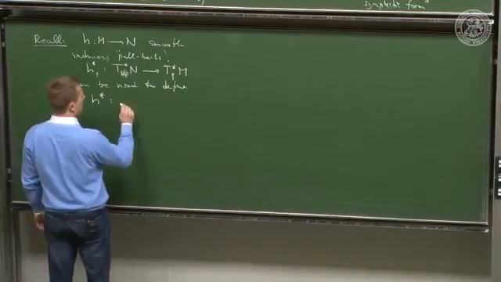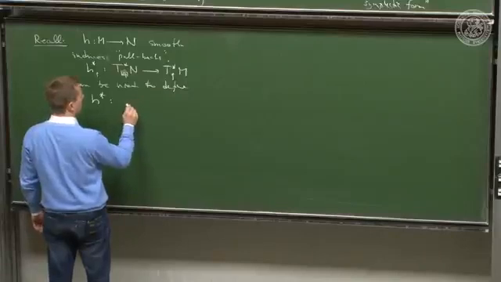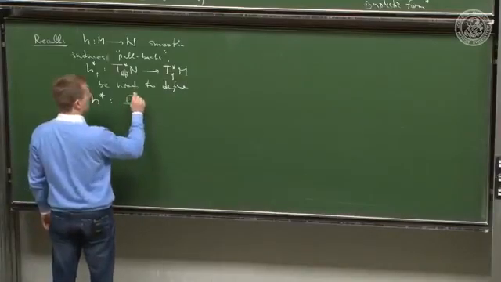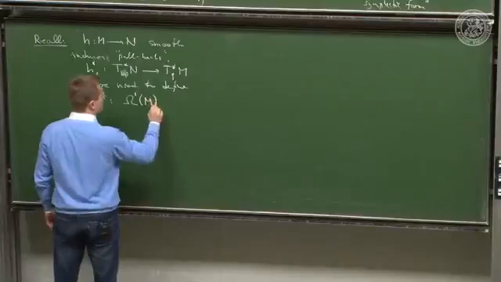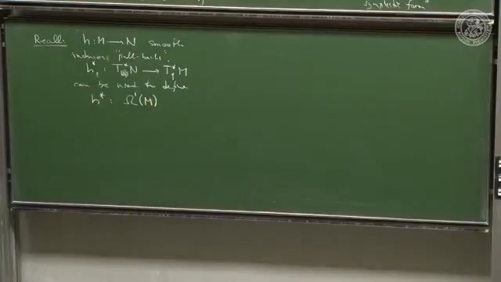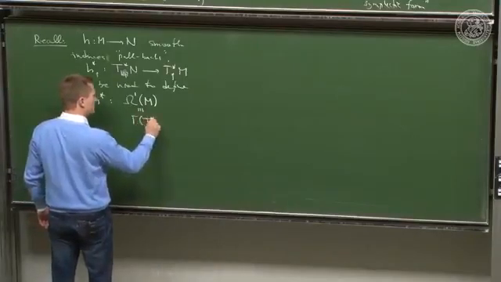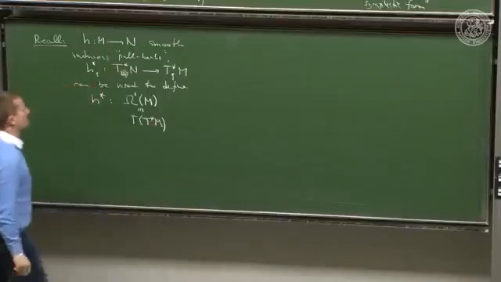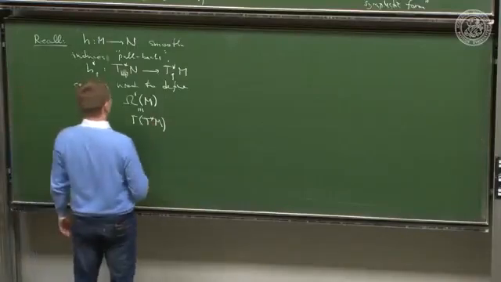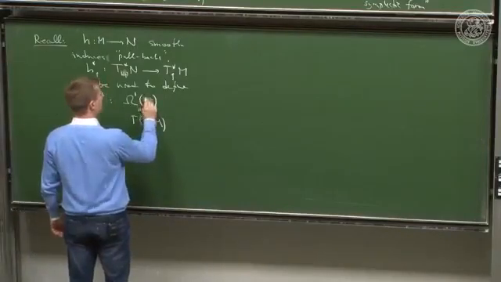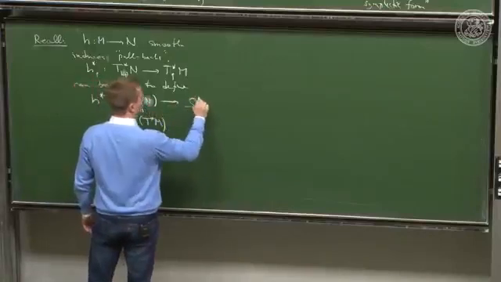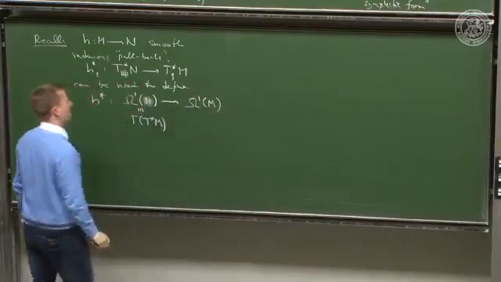We can now write a covector field as a one form, because that is what it obviously is. Before we would have written gamma of T star N, but that's just a one form on N, and it pulls it back to a one form on M.